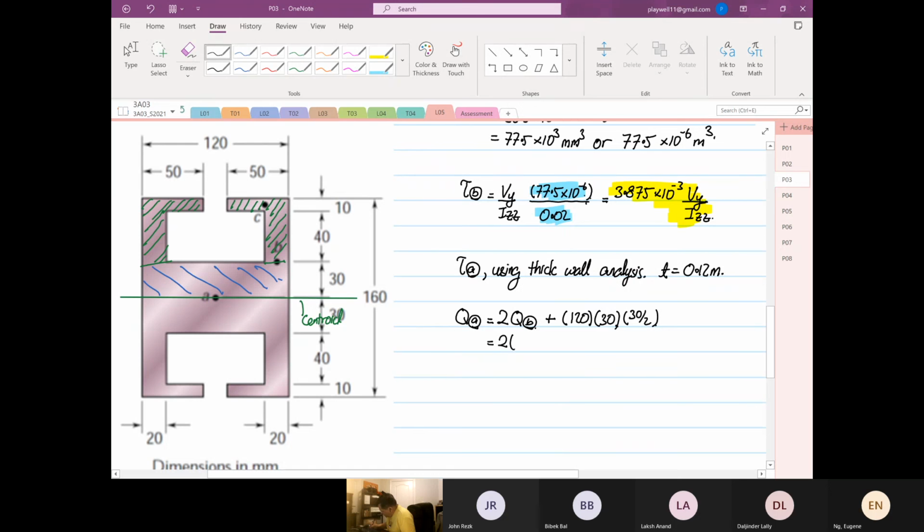So this will be twice 77.5 times 10 to the power minus 6 plus 30 times 15 times 120, which is 54 times 10 to the power 3.